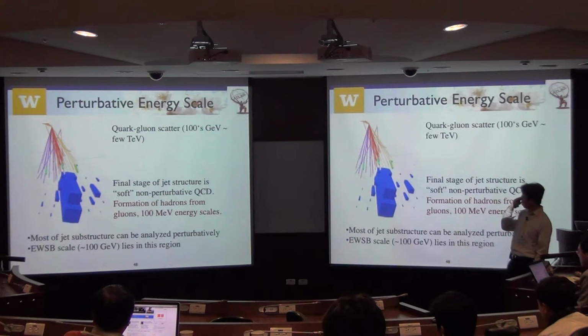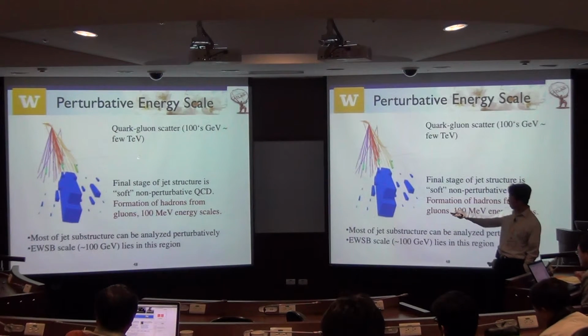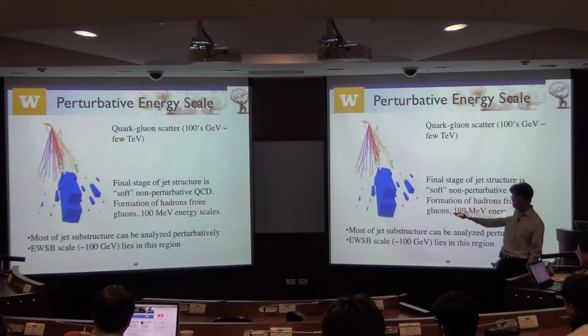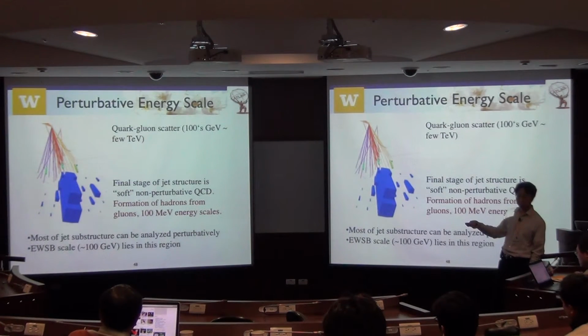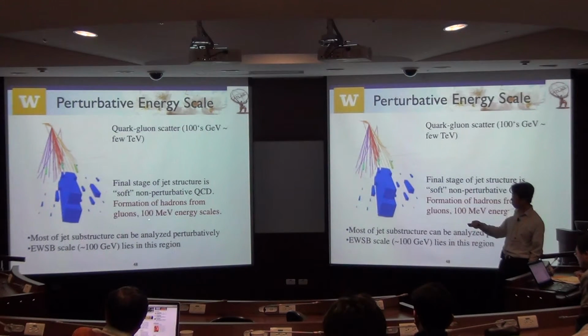The typical scale when you produce a quark or gluon is usually 100 GeV or even a TeV scale for the scattering. But through this showering process, in the end the final stage of the jet structure is soft. They are non-perturbative QCD, the formation of hadrons from gluons, on the order of about 100 MeV energy scales.